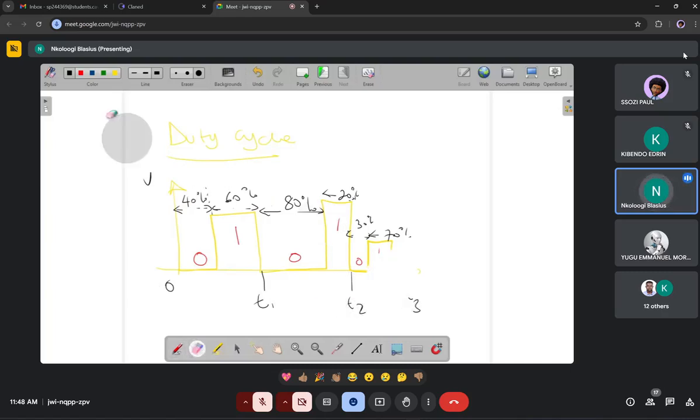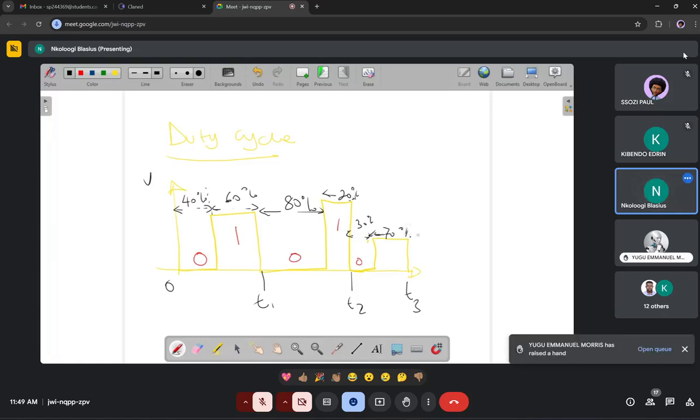Of course, now it can be clear that I need to do some correction here. So our 70% is here. So what is duty cycle in this scenario? It is the percentage when the signal is high. This percentage here, this is a duty cycle.